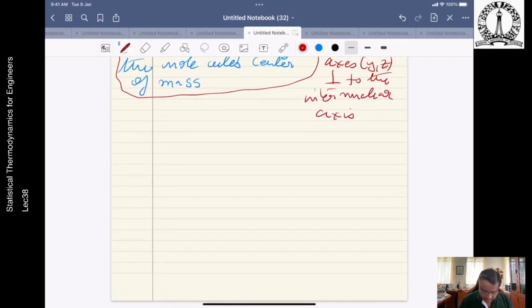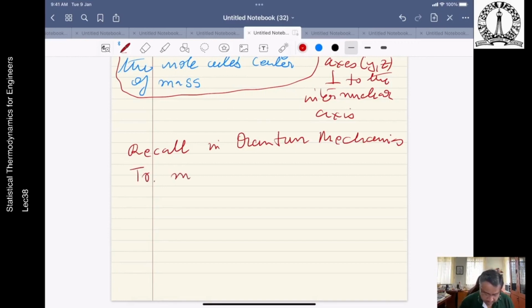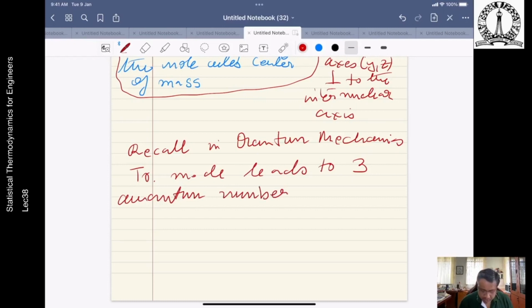Okay, we recall that in quantum mechanics, the translational mode leads to three quantum numbers. The rotational mode leads to 2 quantum numbers.